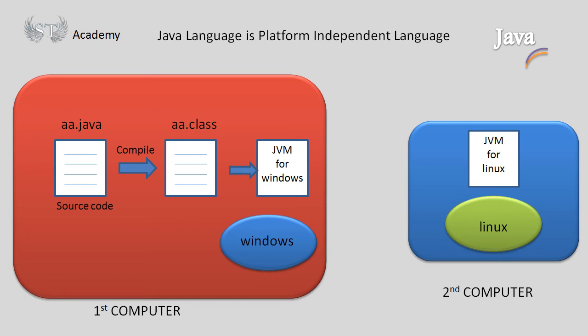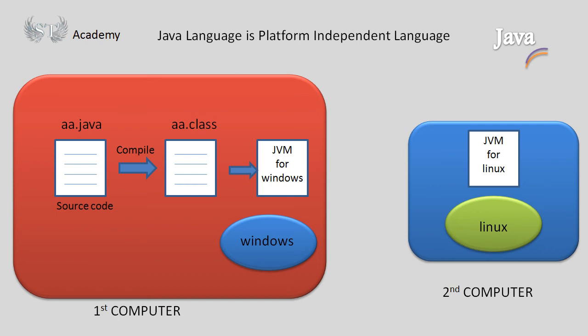Now what is the task of JVM? It will convert this neutral code or intermediate code into native code. The JVM's work is to convert, or translate, the bytecode into native code, which will be compatible with the operating system of the first computer. So the compatibility takes place and the output is generated, or displayed.